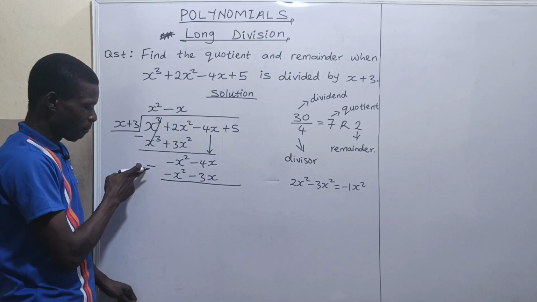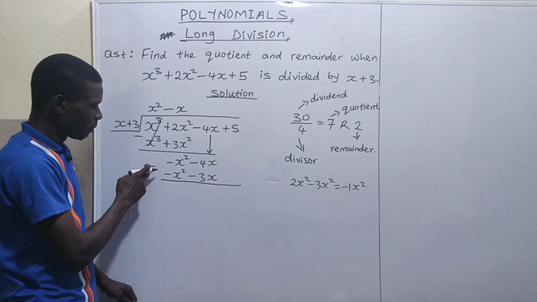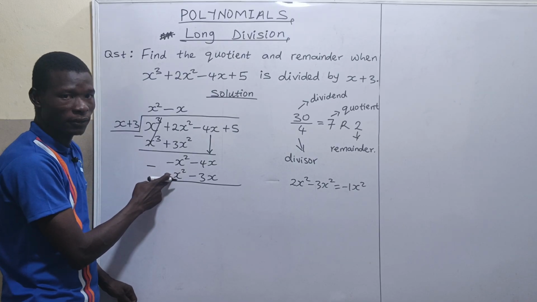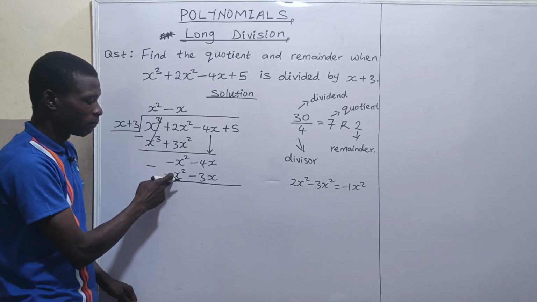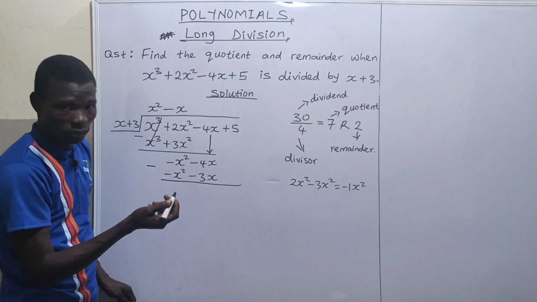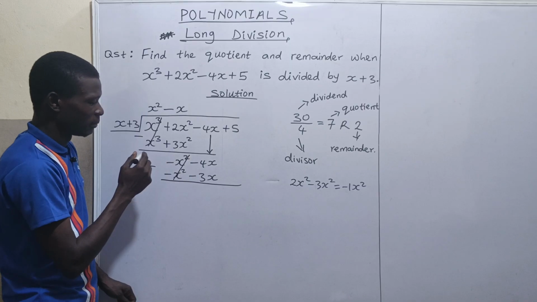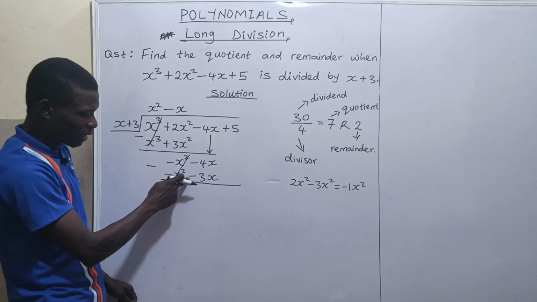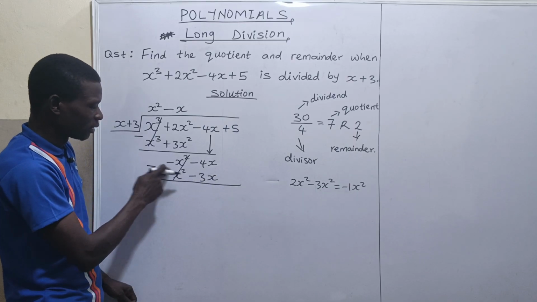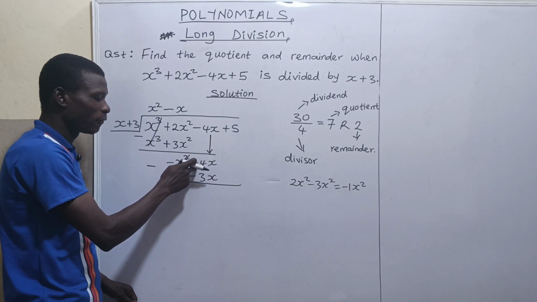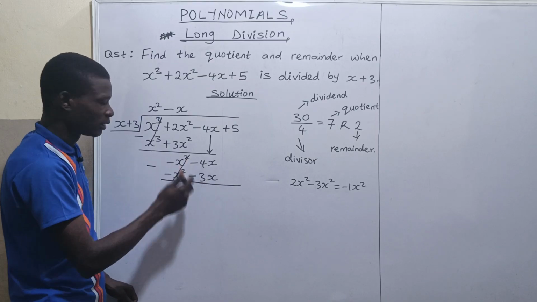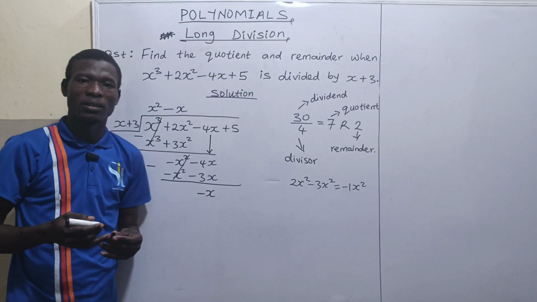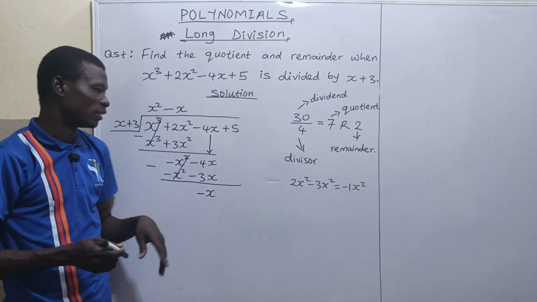Negative x squared minus negative x squared, minus times minus is plus, so negative x squared plus x squared will be equal to 0. Eliminated. Negative 4x minus negative 3x, minus times minus plus, so negative 4x plus 3x will give us negative x, because minus 4 plus 3 is minus 1.